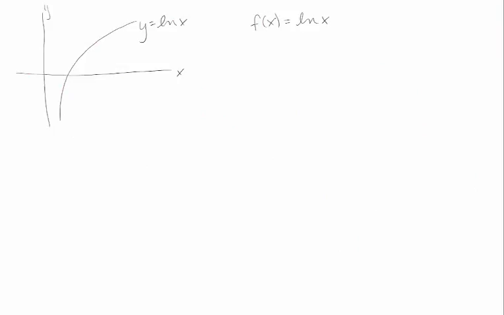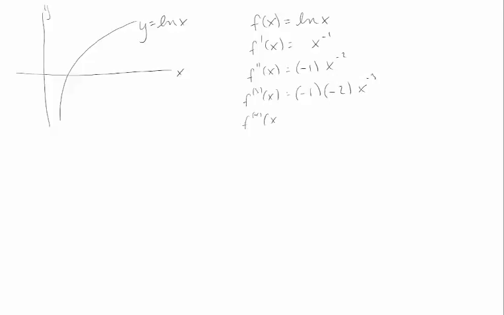Let's do the first couple derivatives of natural log of x until we find a pattern. Its first derivative is 1 over x, which I can write as x to the minus 1. Its second derivative is minus 1, x to the minus 2. Its third derivative is, I bring down that minus 2, so I have minus 1 times minus 2, x to the minus 3.